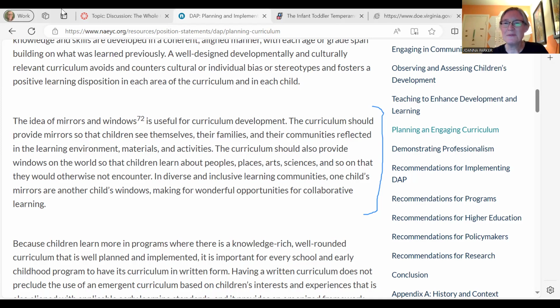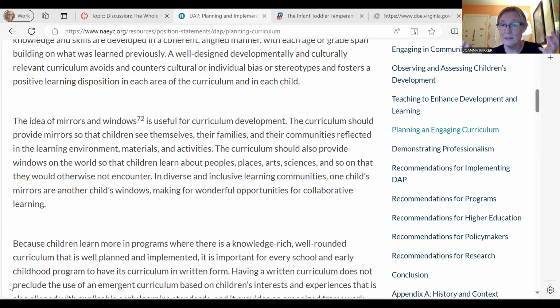And so really what I want you to be thinking about, even as we are just getting started and beginning to think about what is curriculum and what it is that we're talking about when we talk about curriculum, is that you want to make sure that the experiences that you are planning for children reflect the children themselves, right?